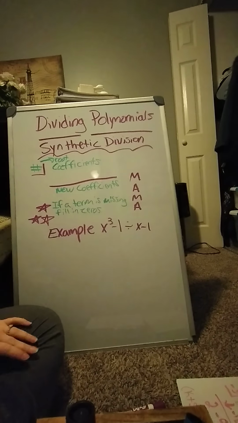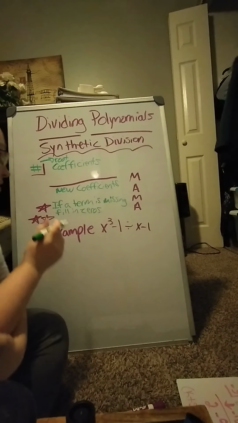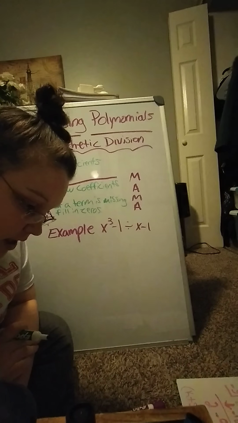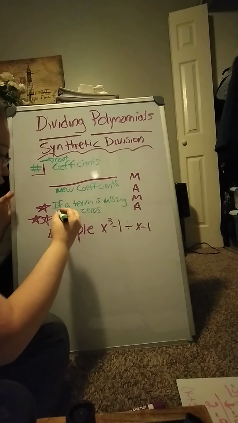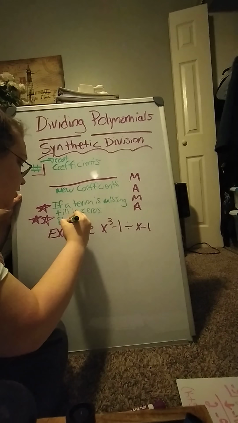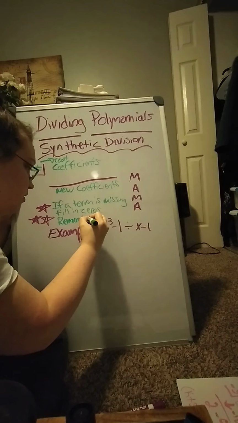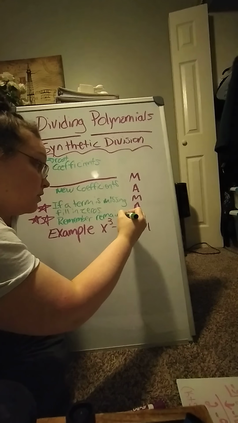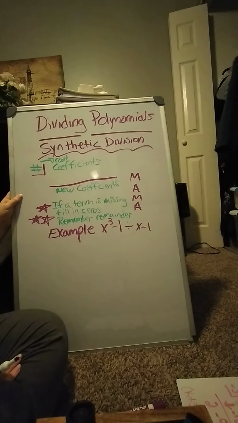All right. Awesome. Okay. So we have to remember, if a term is missing, to fill in zeros. And then remember to check for a remainder is our last star. Remember remainder. Because sometimes we will have a remainder.